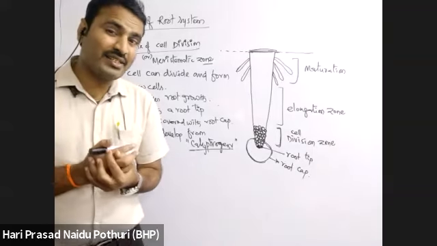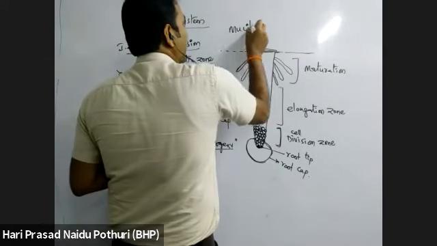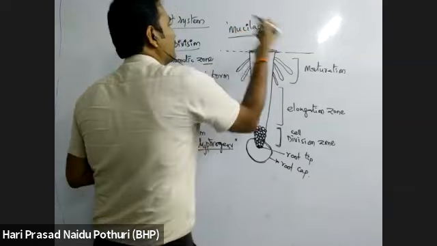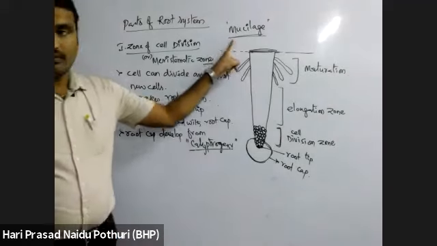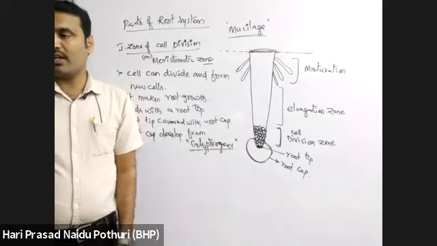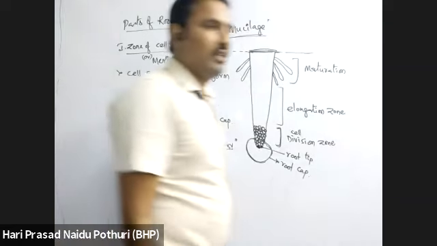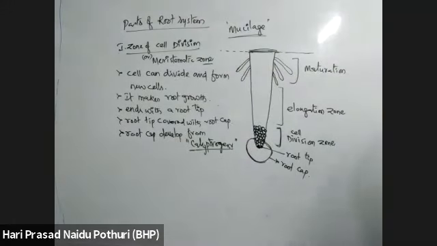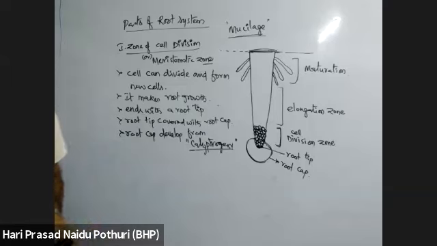Next point, it secretes mucilage which smoothens the soil for the penetration of roots into the soil. Okay? If you see, yeah, you're writing. Yeah. Okay.